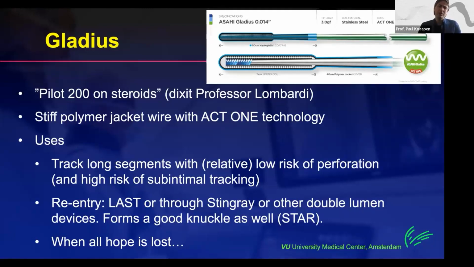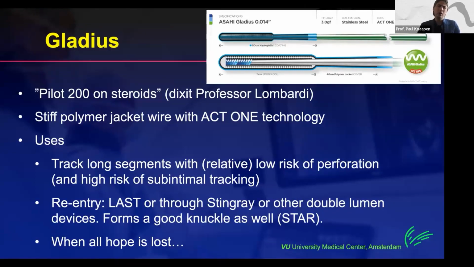It's basically a Pilot 200 only with ACT ONE technology from ASAHI. And if I could advise anyone to add something to the toolbox, it would be the Gladius wire. It's a stiff polymer jacketed wire with ACT ONE technology, and its uses are very versatile.